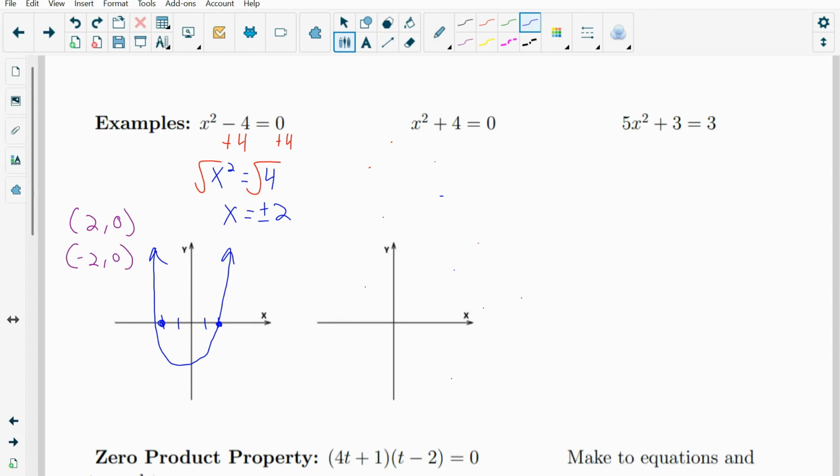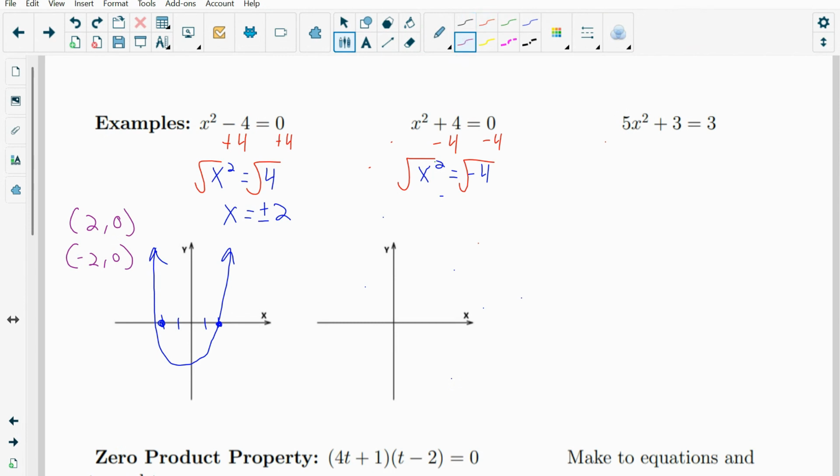Similarly, I could solve my next equation. Start by subtracting 4 from both sides. That's going to give me x squared equals negative 4. Then, to solve for x, I would have to take the square root of both sides. But in this case, I'm in trouble.